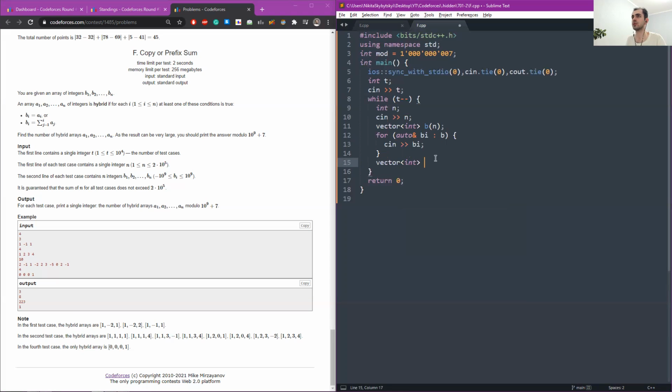I'm pretty damn sure that this is DP. Because you see, what are the conditions actually? Like this or this? Right?